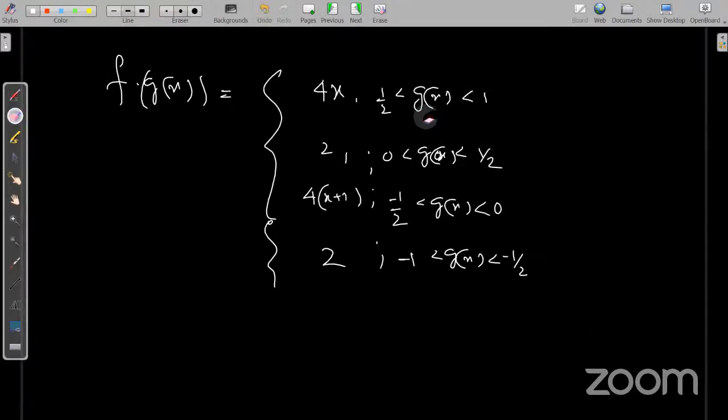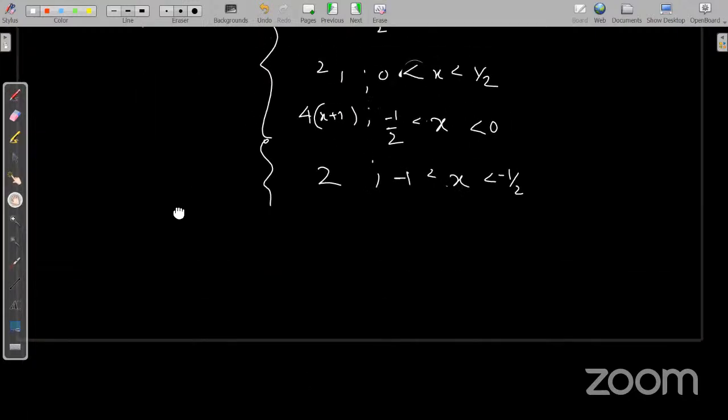And these are not g of x, we are talking about x. Now you have to draw the graph first, right?